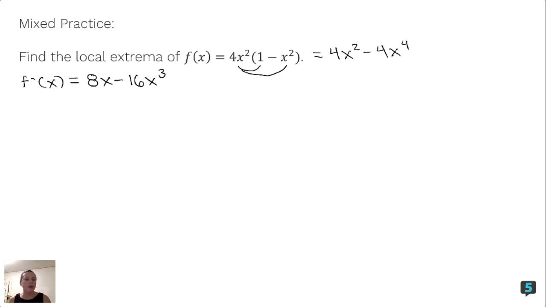Let's figure out where this derivative is equal to 0. So we've got 8x minus 16x cubed equals 0. All right, let's factor out an 8x, and we're left with 1 minus 2x squared equals 0.